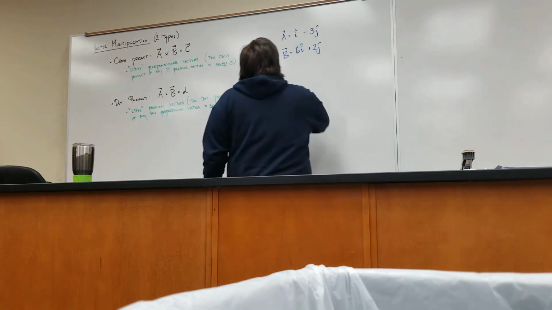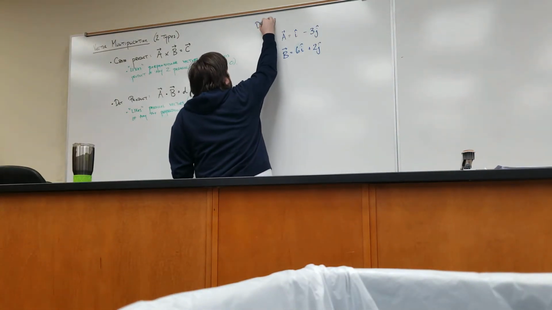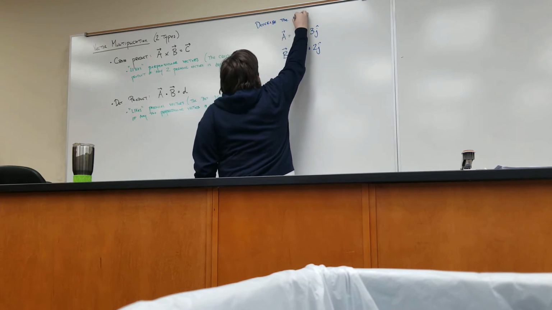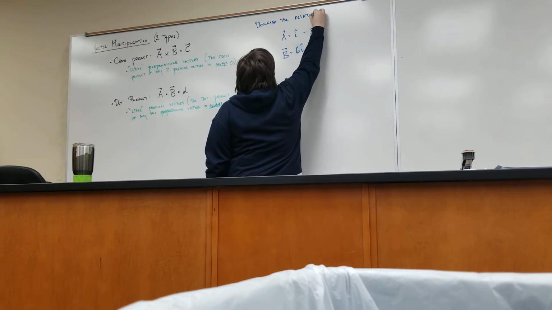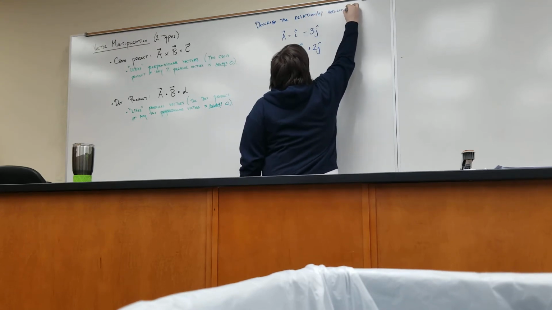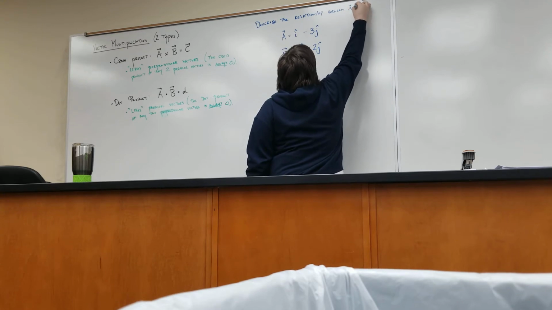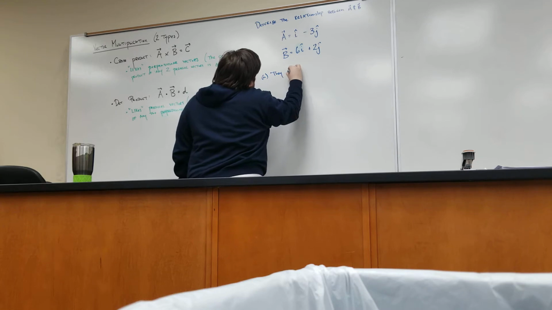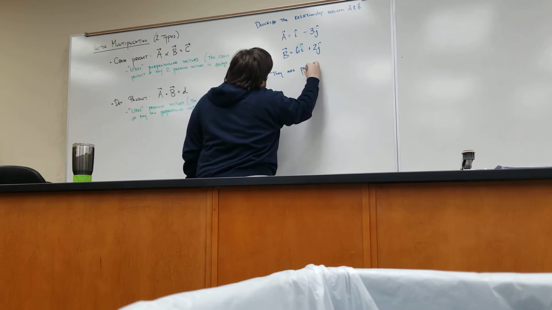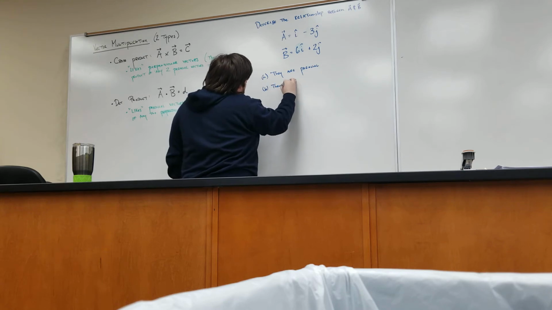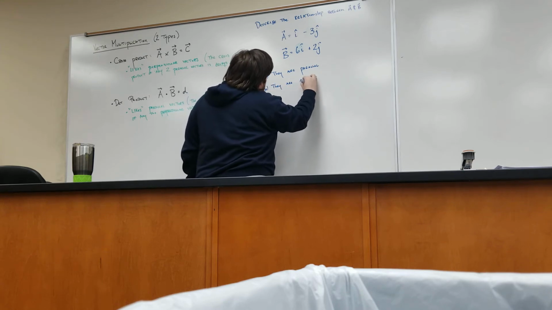Okay, let me write this down. So describe the relationship between A and B. A, they are parallel. B, they are perpendicular.